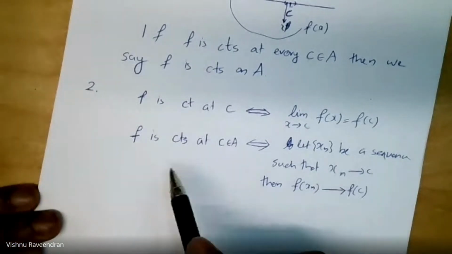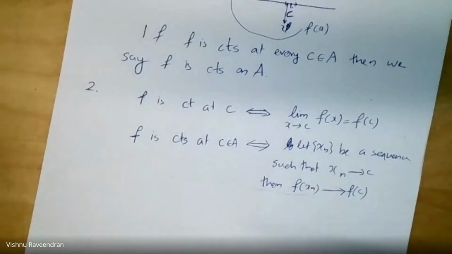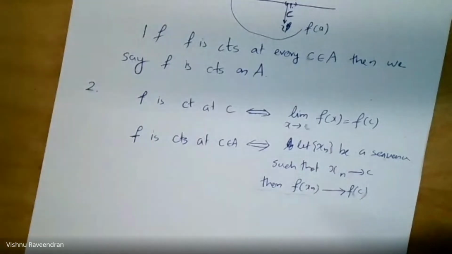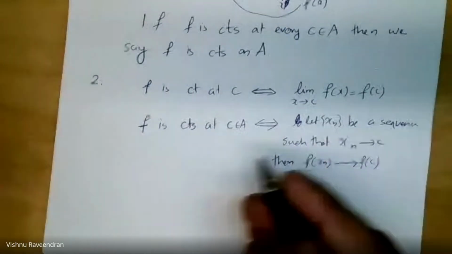This sequential criterion for continuity is useful if you want to prove that a function is not continuous; I would say this is one of the easiest ways to prove it.